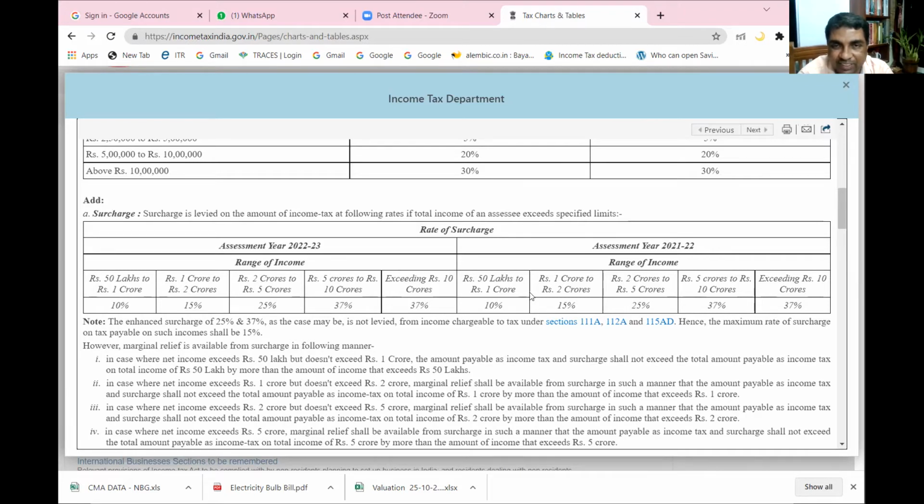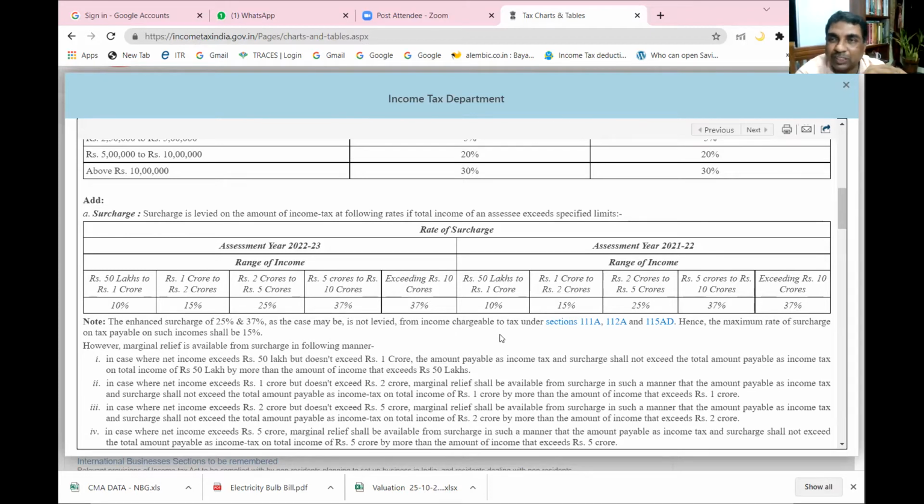Let us say somebody's income is about 50 lakh, so surcharge will not be applicable. He will be paying normal income tax. But if it exceeds 50 lakh by even 1 rupee, then he has to pay 10% additional tax.